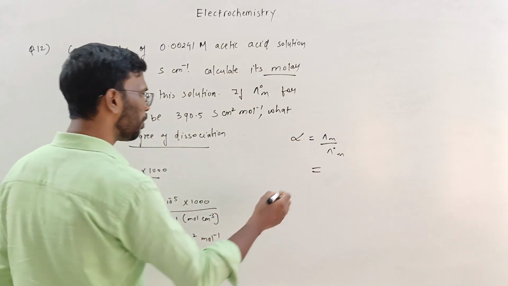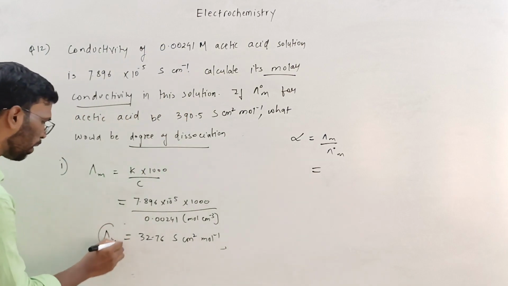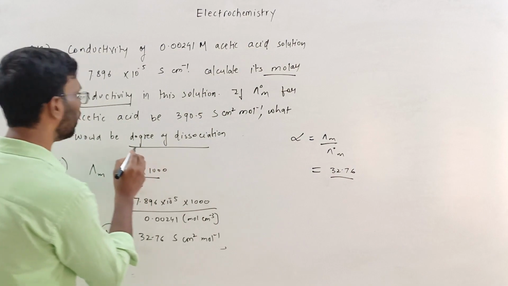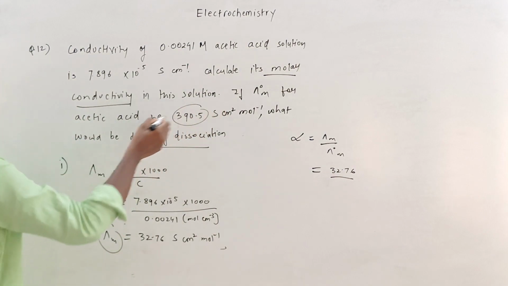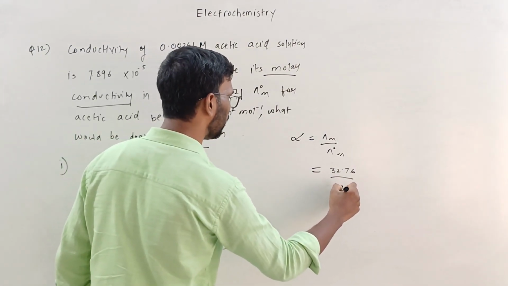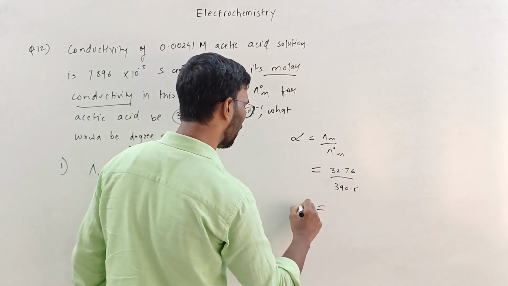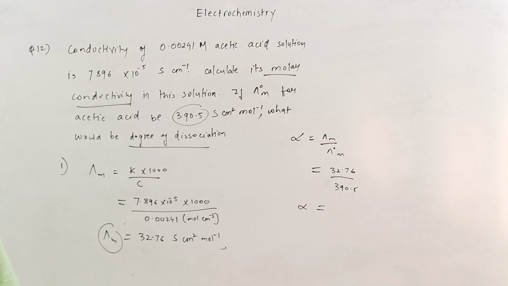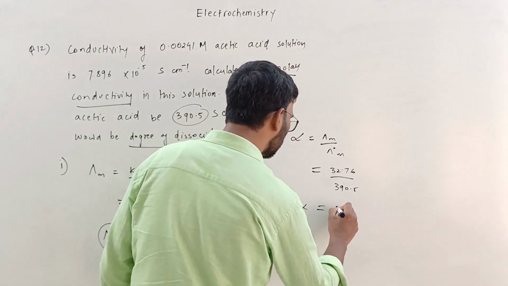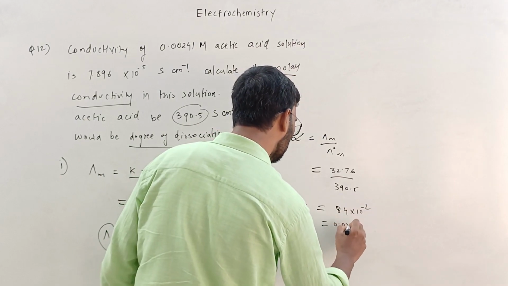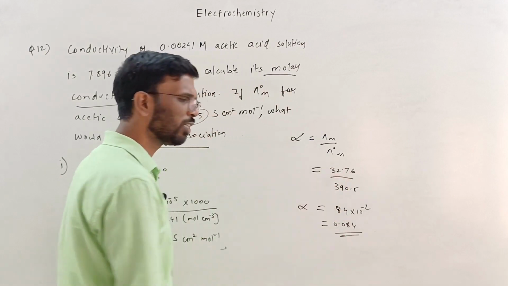So I am getting 32.76 divided by 390, where lambda naught m is given as 390. It won't have any units because it is a ratio. So alpha is equal to 8.4 into 10 raised to minus 2, which is 0.084, which is always less than 1.